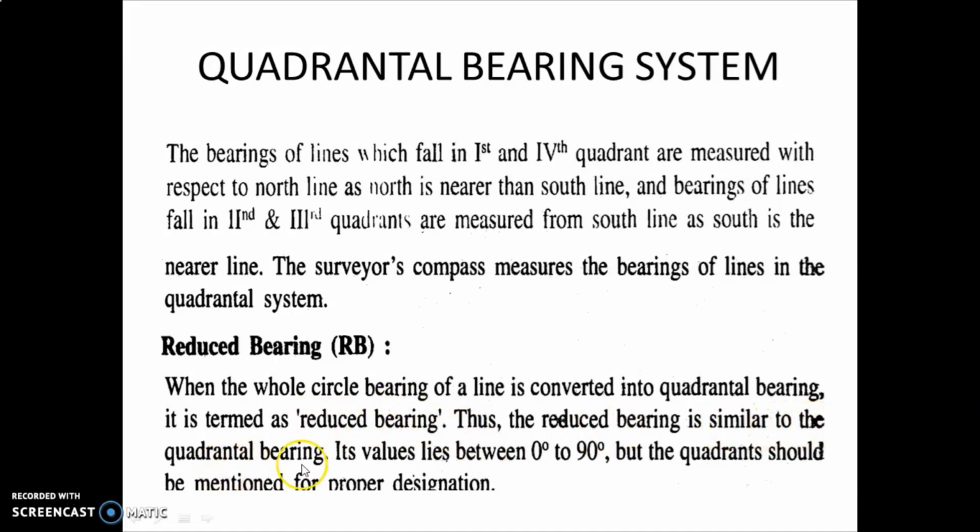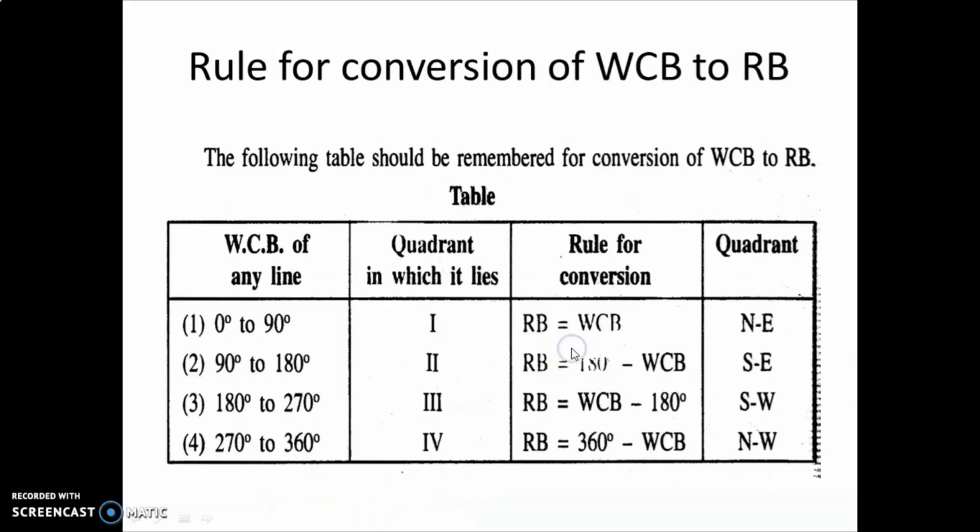Thus, the reduced bearing is similar to the quadrantal bearing and its value lies between 0 to 90 degrees, but the quadrant should be mentioned for proper designation. So up till now we have discussed what bearing is, what the types of bearing are: whole circle bearing and quadrantal bearing, which is also called reduced bearing.